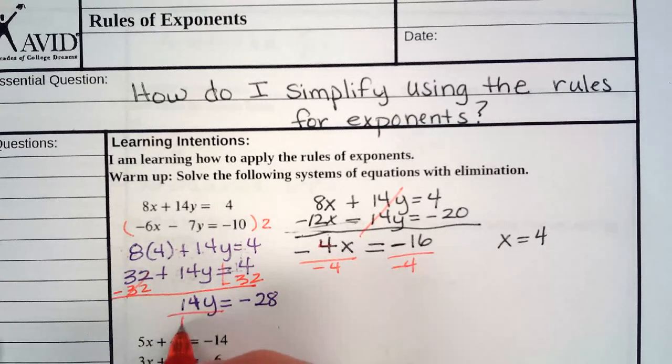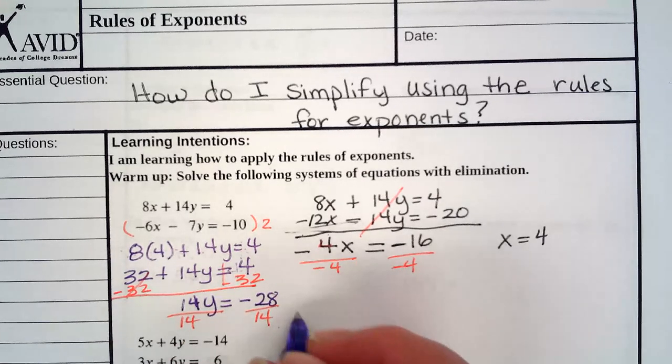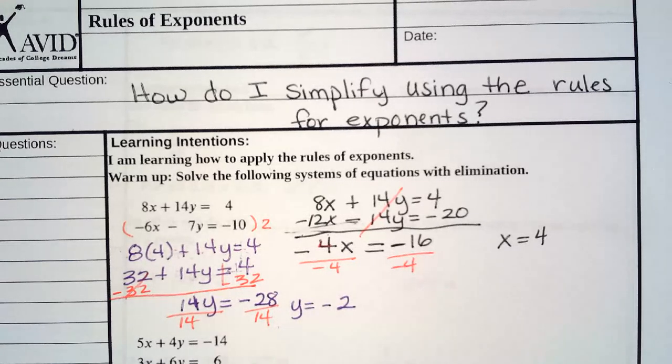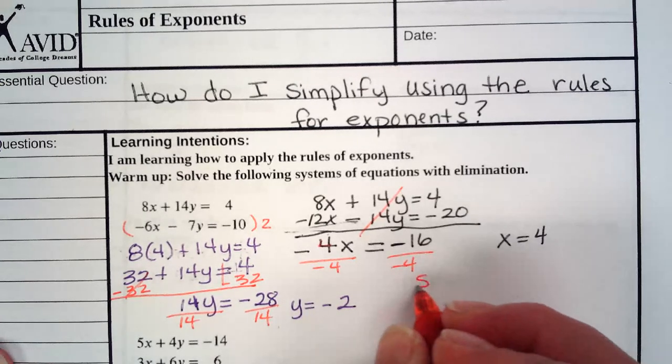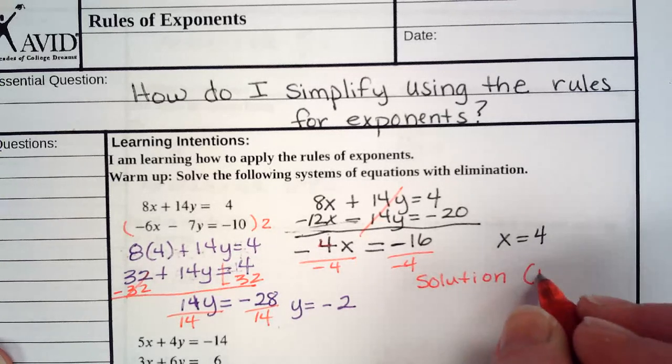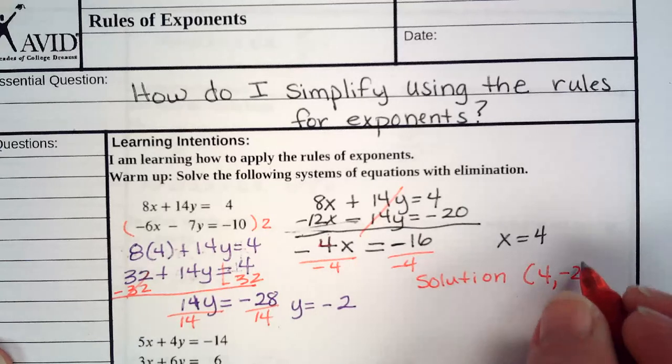Divide by 14. And y is equal to negative 2. What is your solution? Your solution is a point: 4, negative 2.